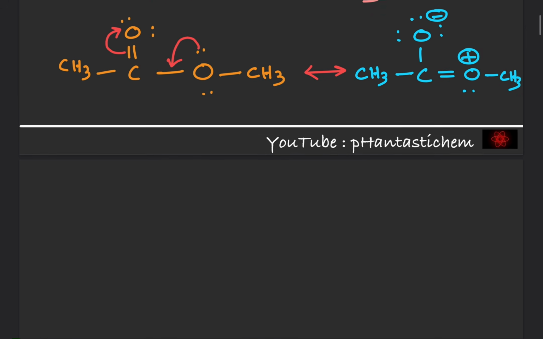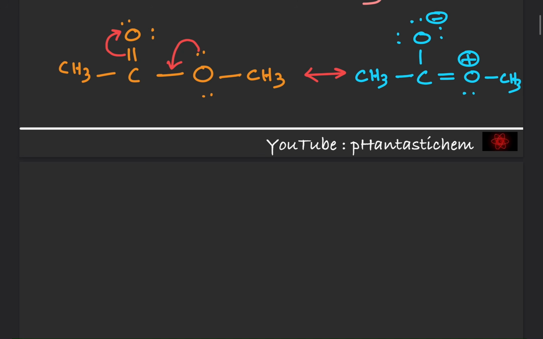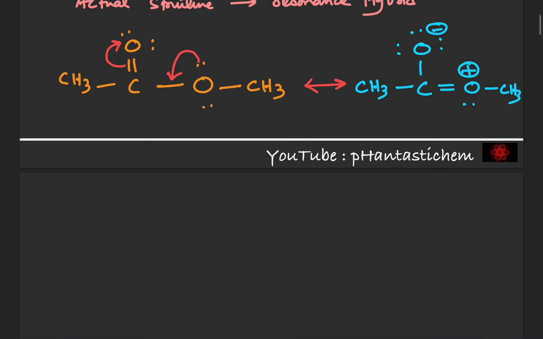And the hybrid will look something like this. The actual molecule or the hybrid will be CH3 C single bond O, single bond O, CH3. Look at these dots, and also look at the charges.